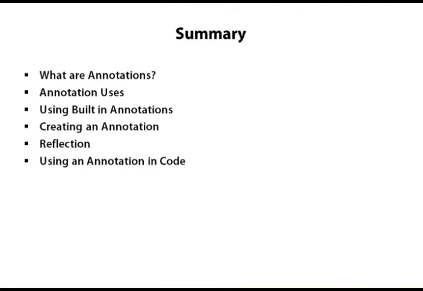Then we took a little bit of a break here and we talked about an important concept in Java, reflection. And we didn't go really into depth into reflection, but we basically said reflection is this idea that code can examine itself while it's running and possibly modify itself. Then finally, using this knowledge of reflection and our annotation, we wrote some code to actually examine our annotation using reflection at runtime and do something. So that's the basic idea of annotations in Java.